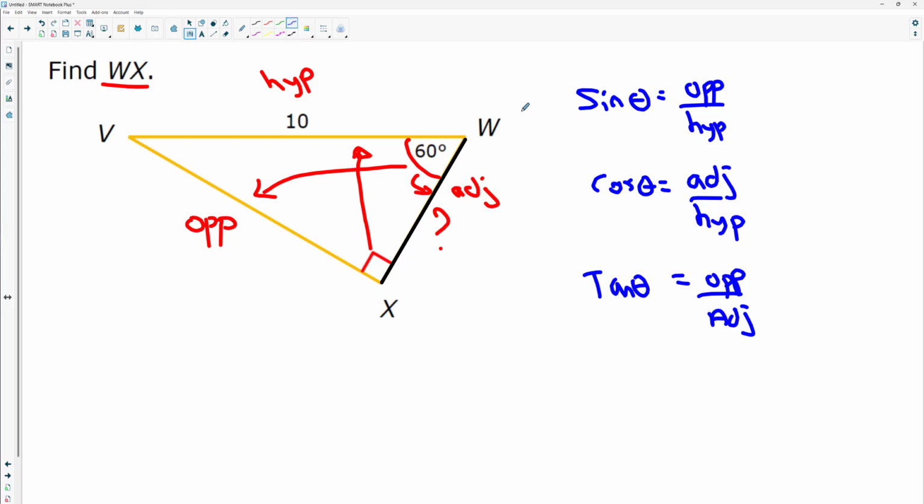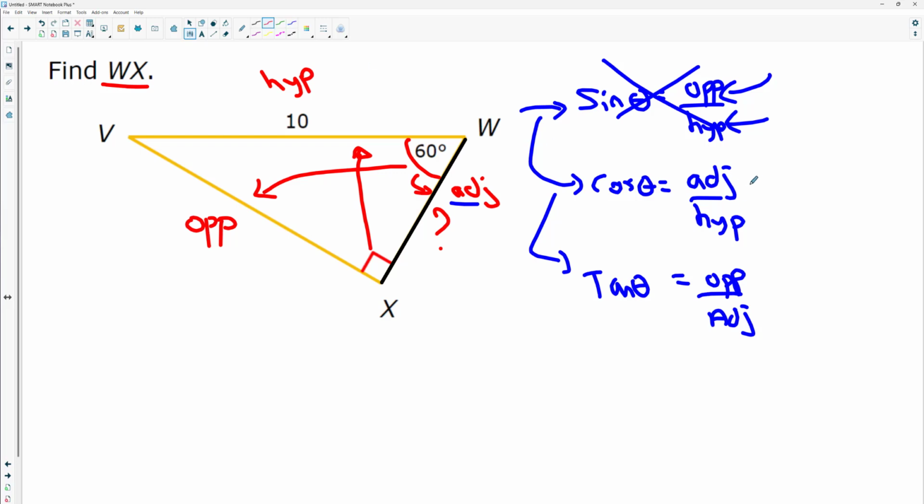We need to figure out which one of these three equations we will use to solve for our unknown side. Since our unknown side is the adjacent side, we know we will not use sine theta equals opposite over hypotenuse. The reason why I know this is because adjacent isn't in this formula. So since it's not there, we can't solve for it.